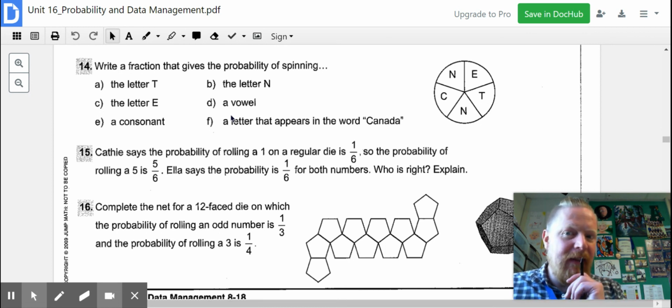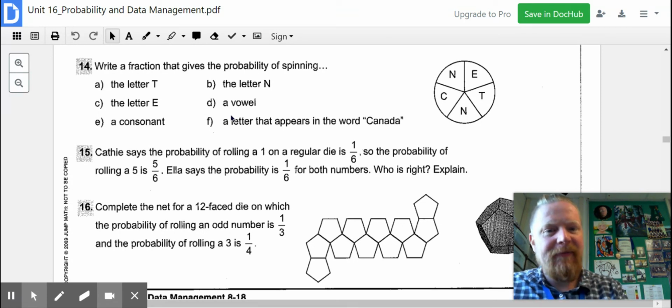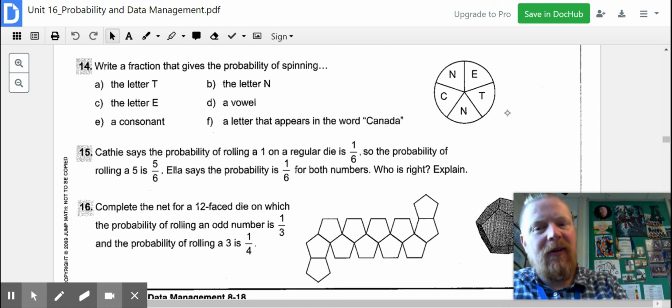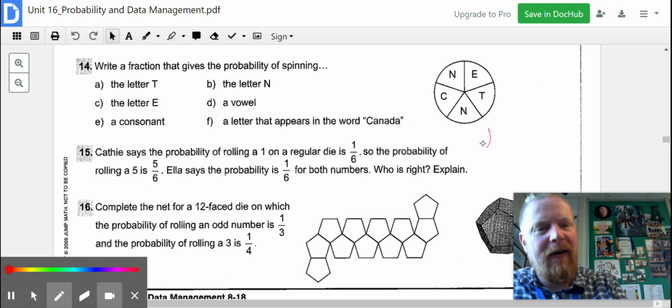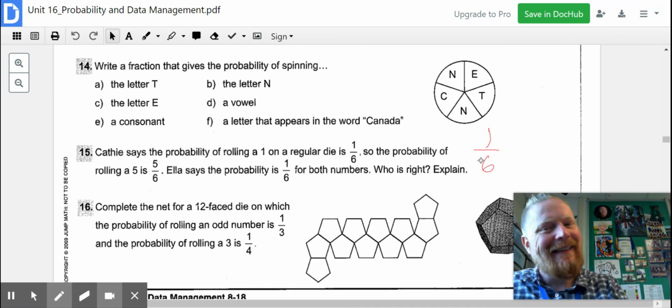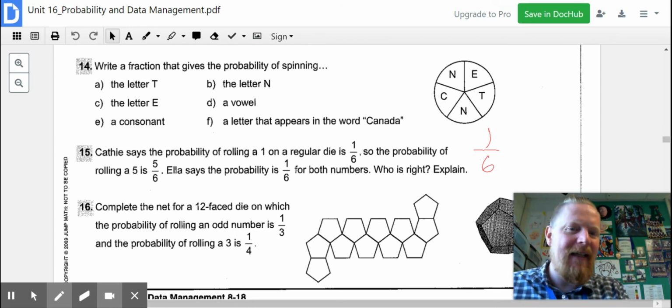Is the probability of rolling a 5 5 out of 6? Well, how many 5s are on a regular die? 1, right? So the odds of rolling a 5 are 1 out of 6 possible outcomes. I think Ella is right because the odds of rolling any number on the die is 1 in 6.